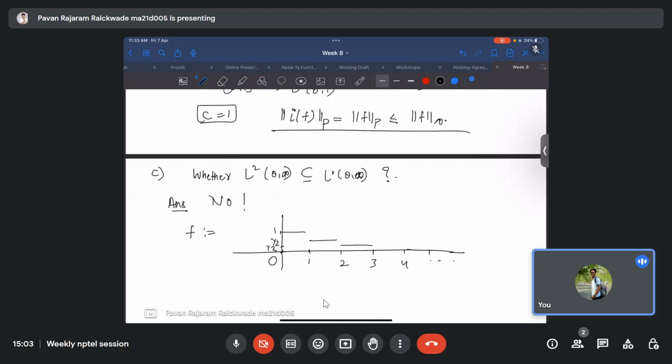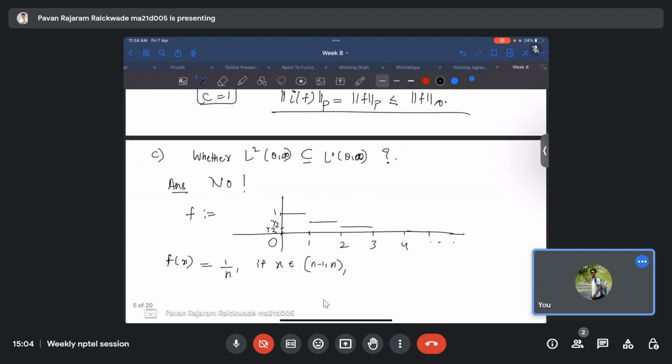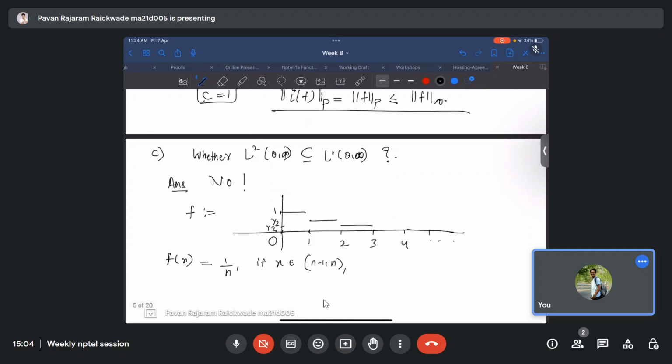That means f(x) equals 1/n if x belongs to the interval (n-1, n]. Yes, you can write it like this.